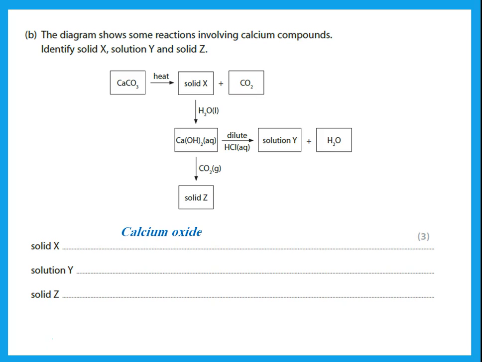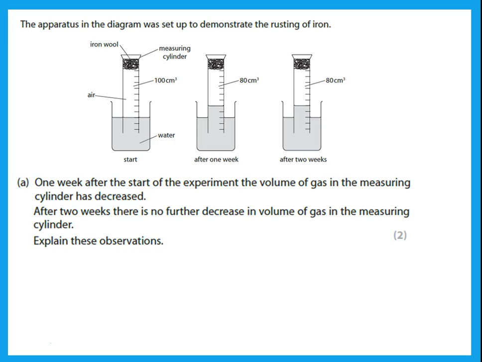Now, he put the calcium oxide in water. That gives calcium hydroxide. Now, when he added HCl to the calcium hydroxide, he should get what? Calcium chloride. And then, when he added carbon dioxide to the calcium hydroxide, what do you think that should give? That is calcium carbonate.